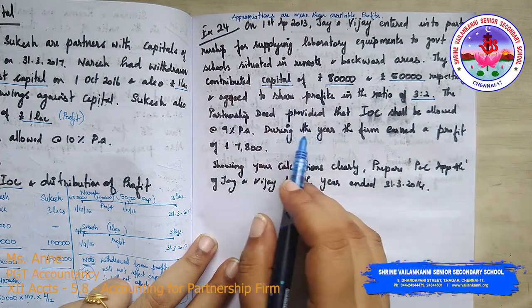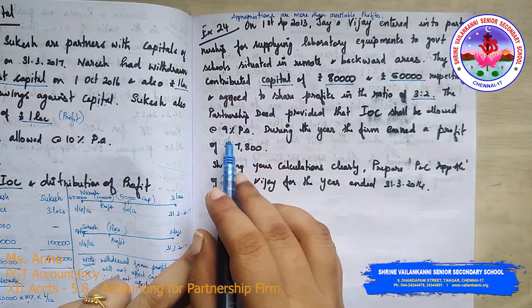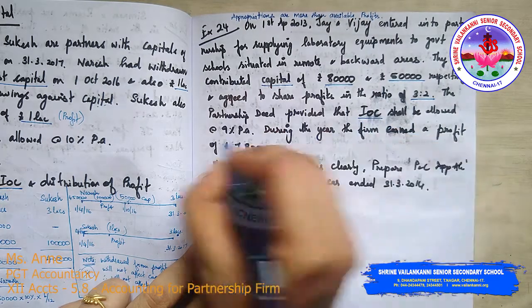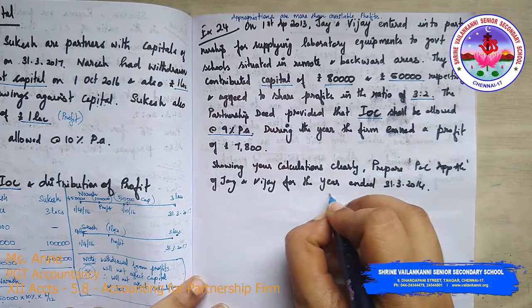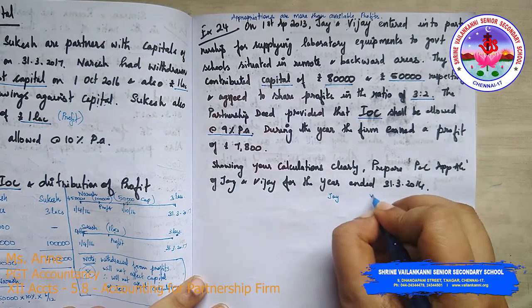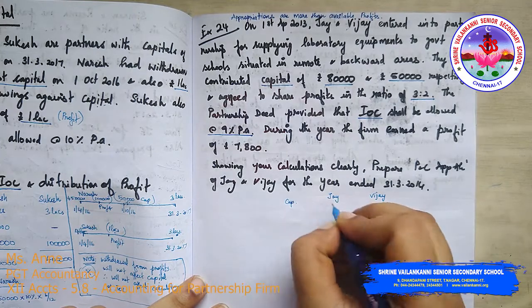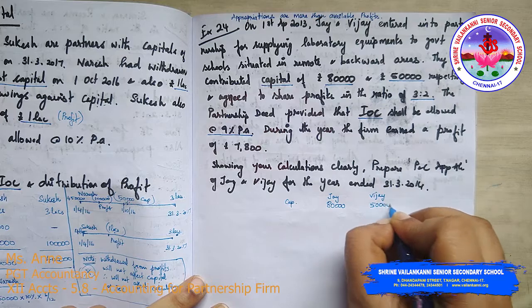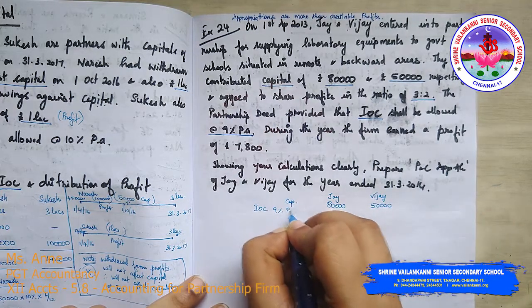The partnership deed provided that interest on capital shall be allowed at 9% per annum. So how much is the capital of Jay? Jay's capital is 80,000. Vijay's capital is 50,000. Interest on capital is 9% per annum.